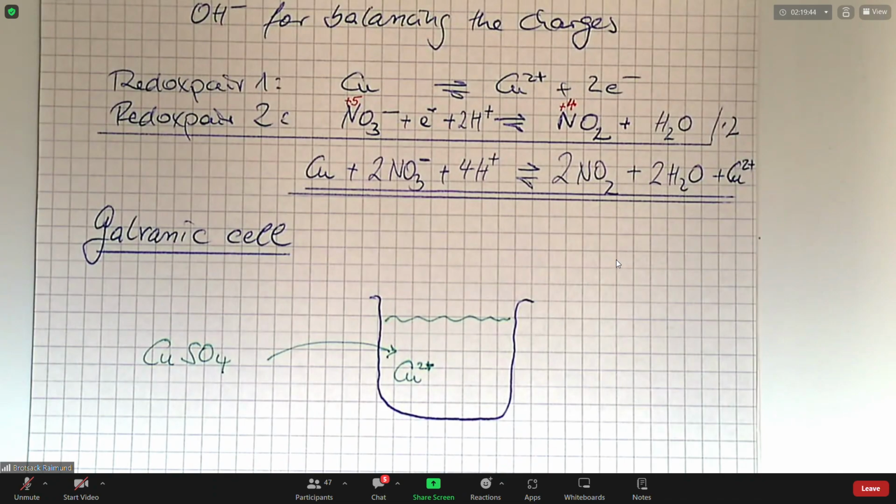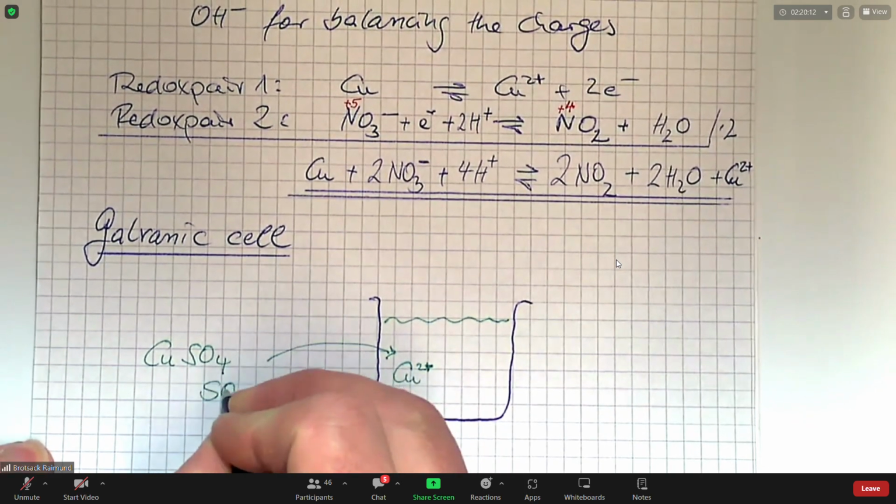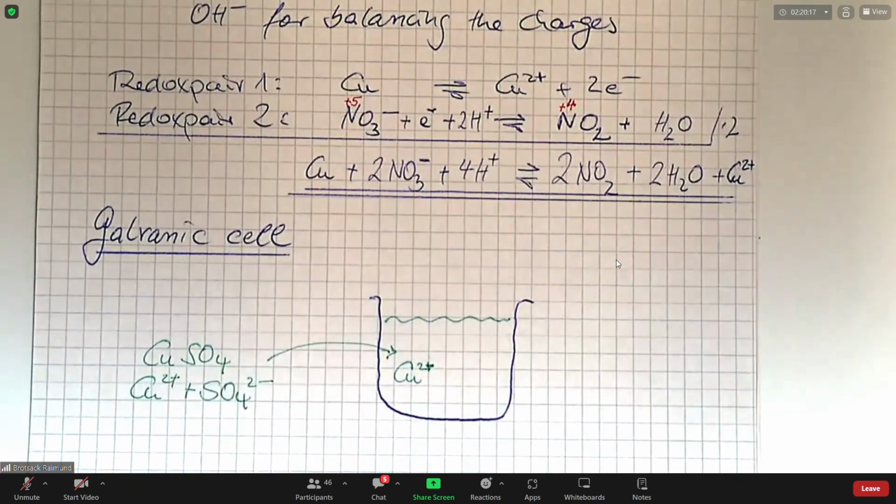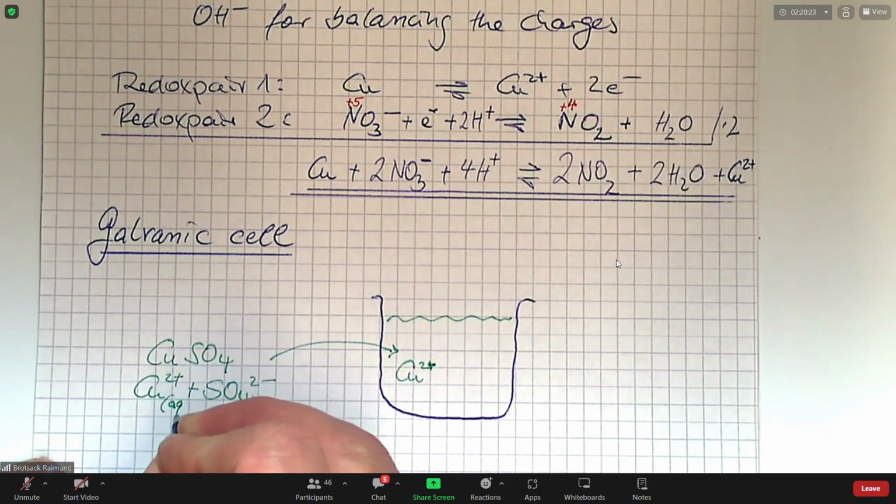Copper sulfate, what is the oxidation number of oxygen in the copper sulfate? -2. What is the typical oxidation number of copper in the oxidized form? +2. What must be the oxidation number of sulfur? +6. So we have the sulfate ion SO4 2 minus, and we have the copper 2 plus ions. This is the copper sulfate in water, always solved, so aqueous.